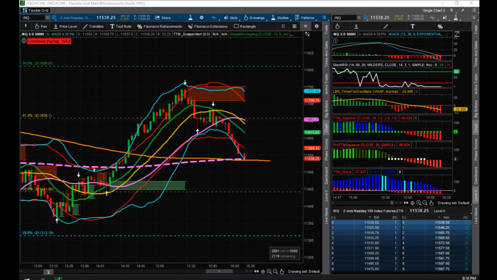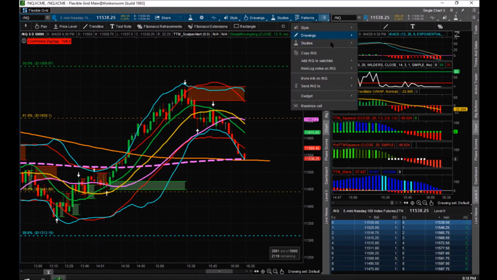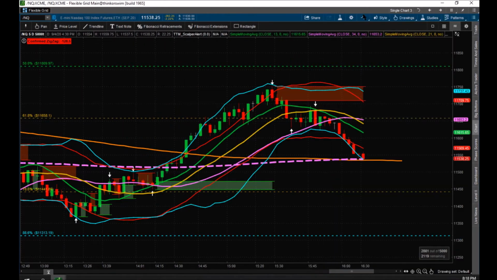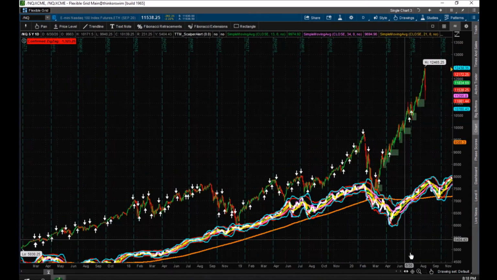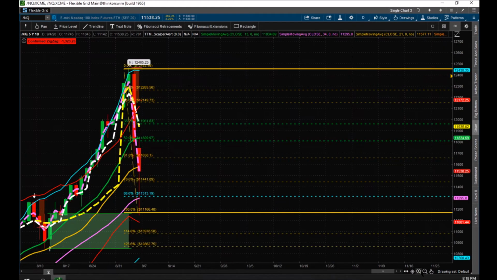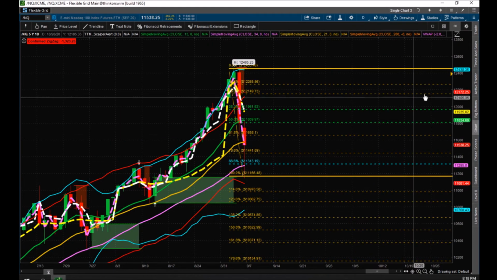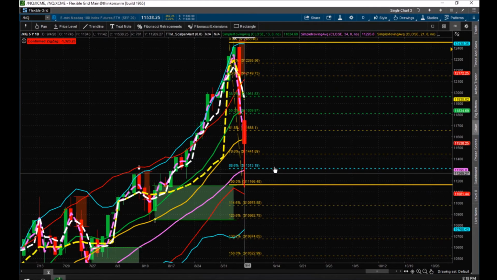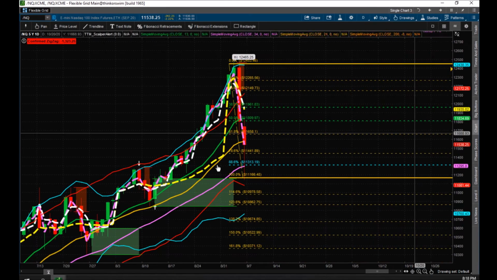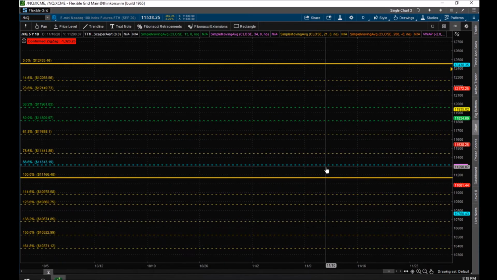Now, if the market falls below the 34 SMA, which I could pull the chart up for real quick, then the market will continue to make a lower high.